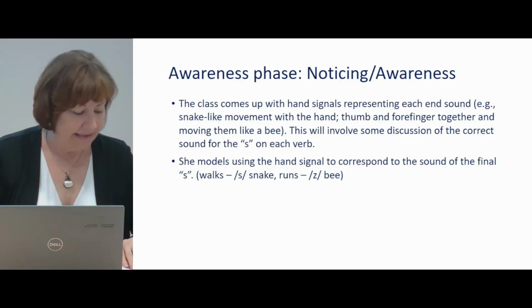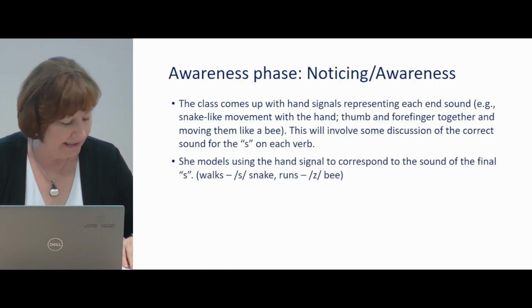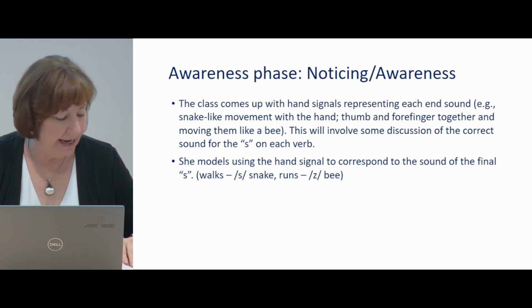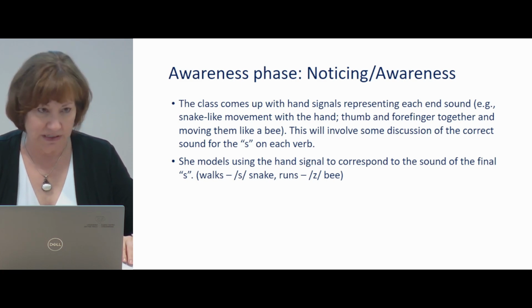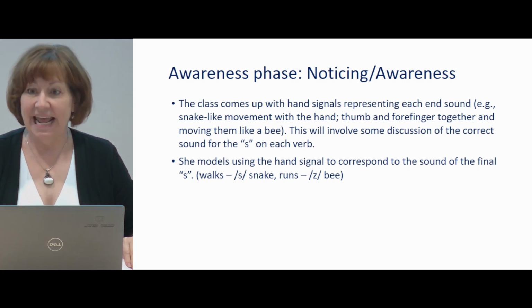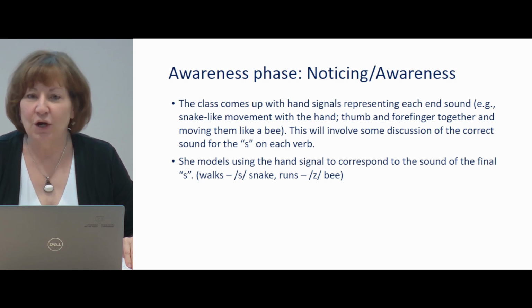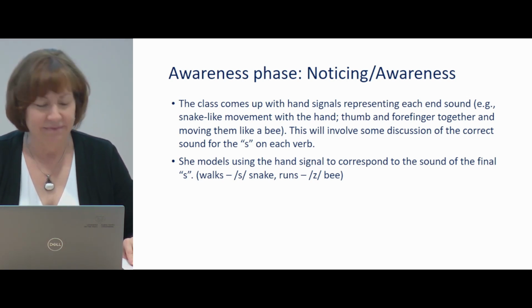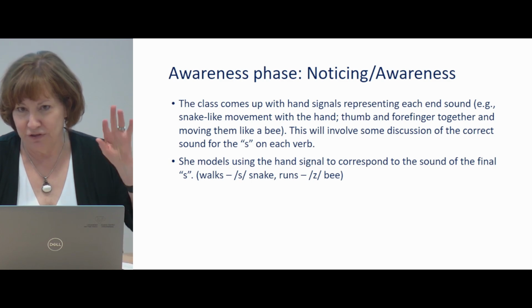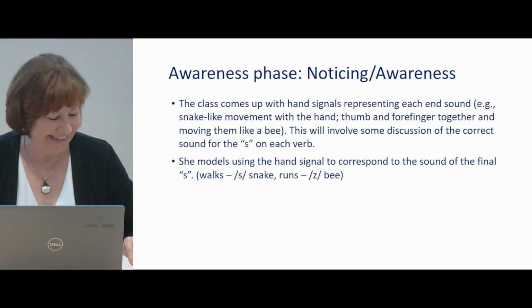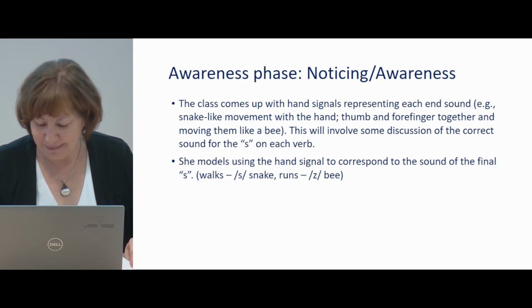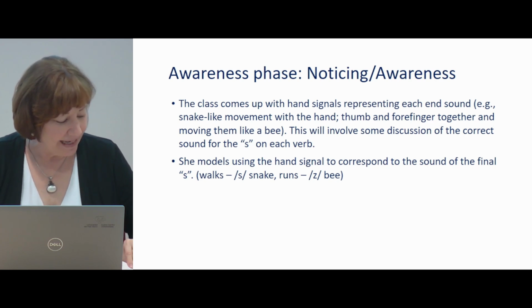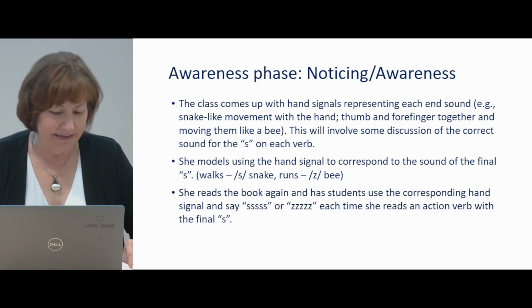And so now she's modeling using the hand signal to correspond to the final S, and then she reads the book again and has the students use those corresponding hand signals and say out loud S or Z at the end of the verb. And this is probably going to involve some discussion about how those two sounds are pronounced, right? Not common sounds in every language. So that's basically what she has them do.